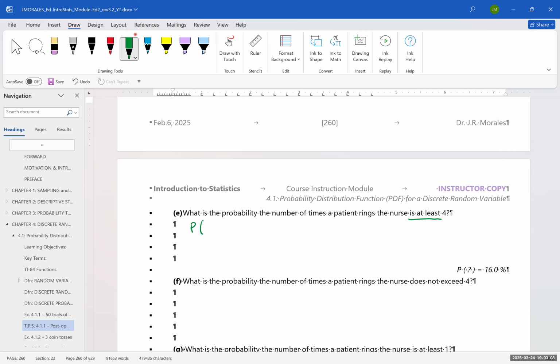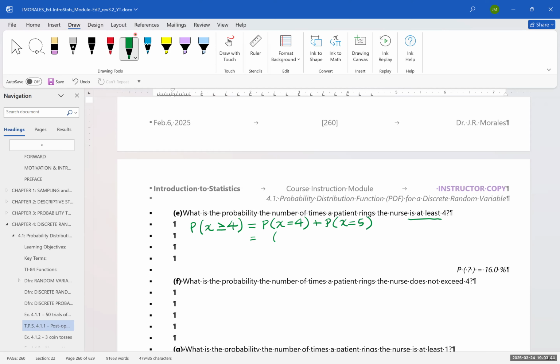So the probability that the number of times is at least 4 means it can be 4 or it can be greater than 4. Sometimes you have to think about the English here. So this would include the probability of the domain value of 4 plus the probability of the domain value 5.